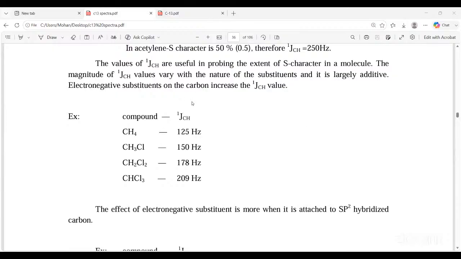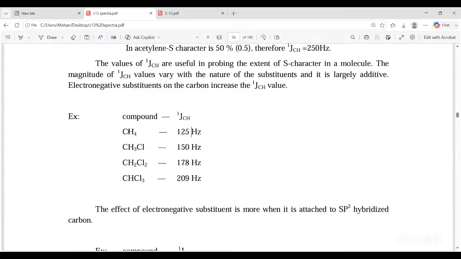In the short range coupling, the one bond separation, for example in methane CH4, the coupling constant value is 125 Hz. There is no heavy atom in this compound; purely carbon and hydrogen are present, so the J value is 125 Hz.